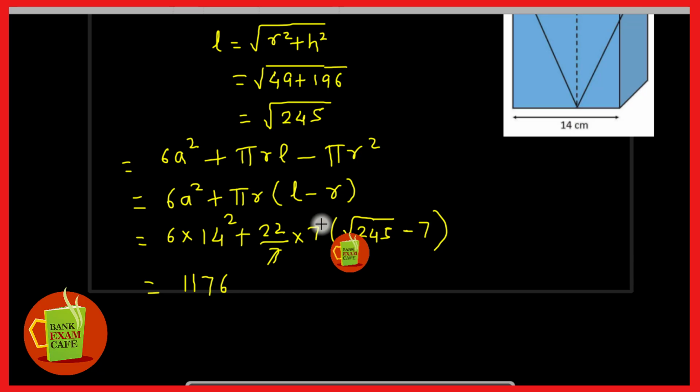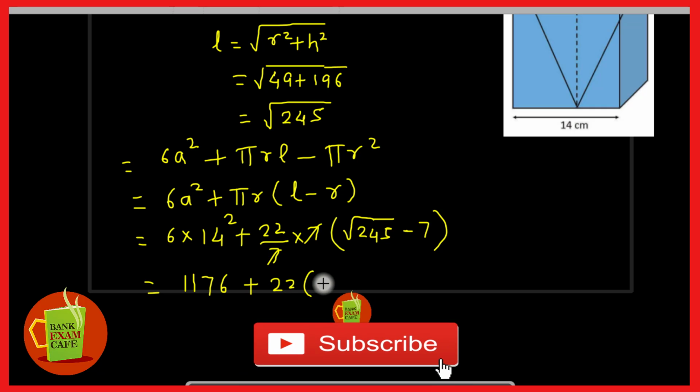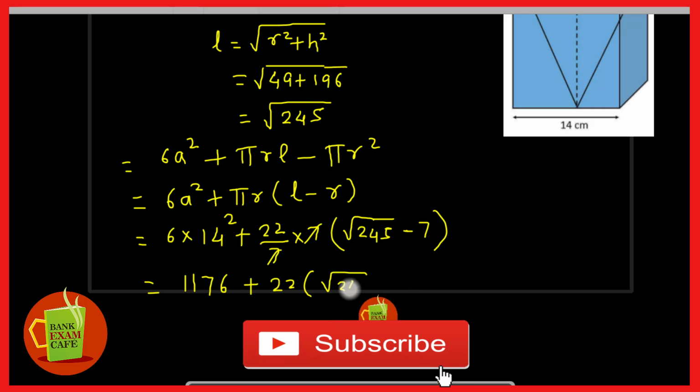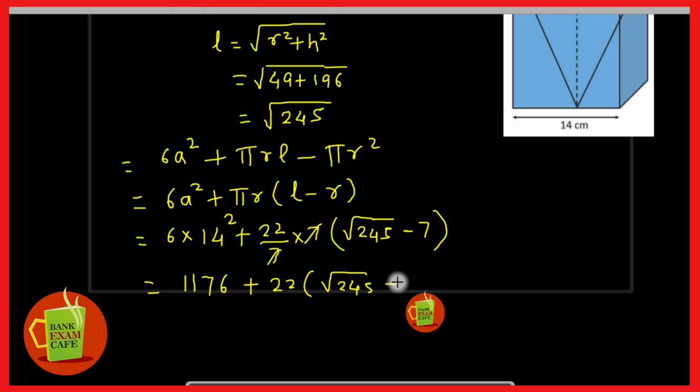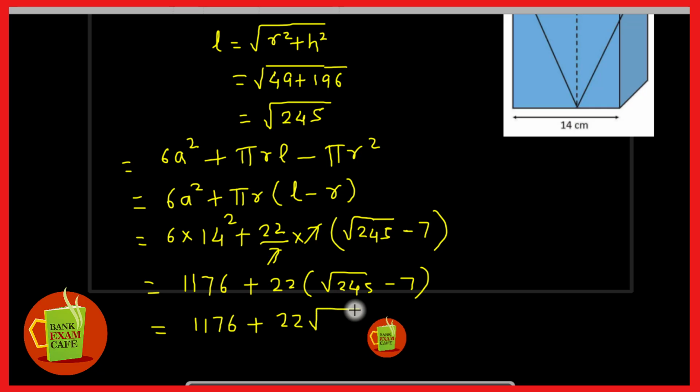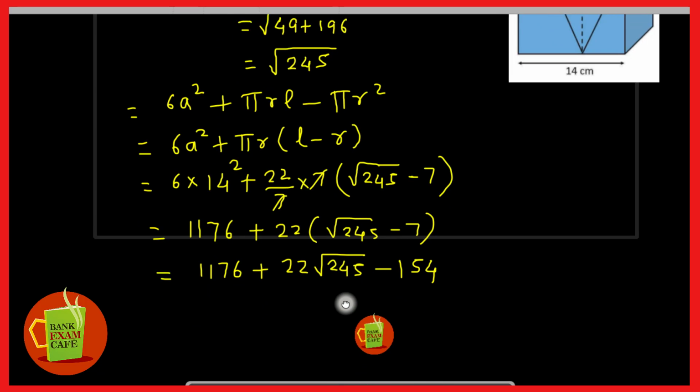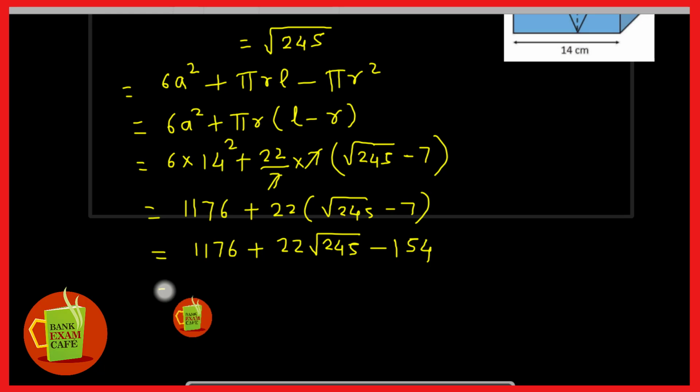1176. Here 7 and 7 will get cancelled, so it will be 22 inside the bracket square root of 245 minus 7. So it is equal to 1176 plus 22 square root of 245 minus 22 into 7, that will be 154.